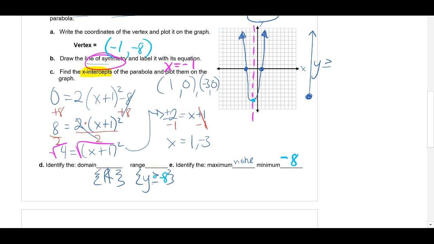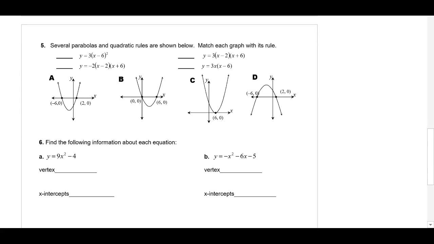Okay? Next page. So now on this page, for number 5, you're going to have to match each of these graphs to the correct equation or function. So, first thing you want to do is find the x-intercepts and match them up.